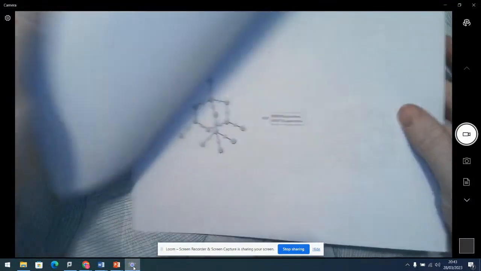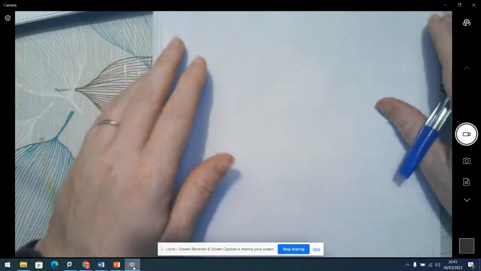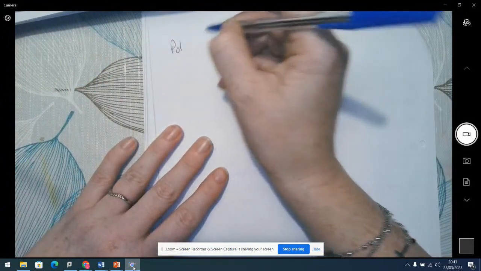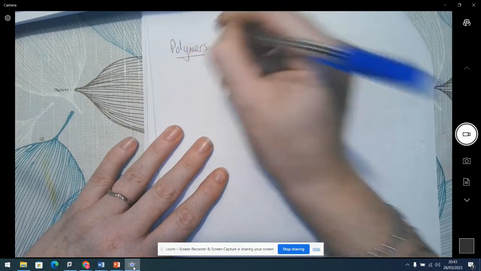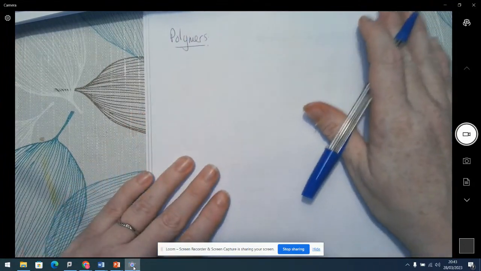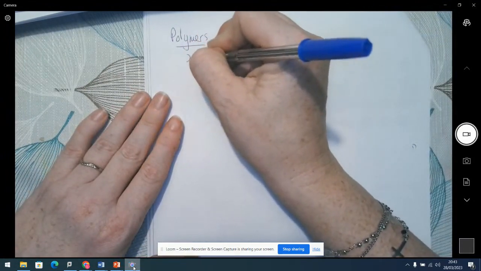What I do want to do though is jump now to giant covalent structures. Before I do that though, I want you to see there's a blank page in your booklet for a reason, and it's just after metallic bonding, because you need to be aware of something called polymers. And it's important you know that polymers are covalent structures.